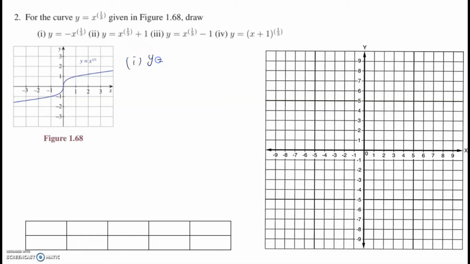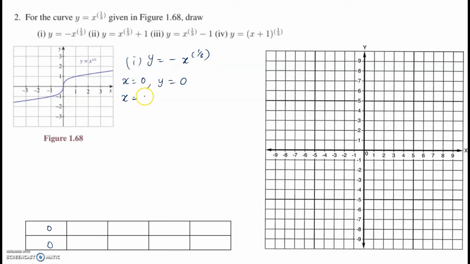So this is y is equal to minus x to the power 1 by 3. Let's take the value of x to be equal to 0. Then y will be equal to 0. So let's put that, 0 and 0. Next, because it's the cube root, if you say 1 by 3, it's the cube root.